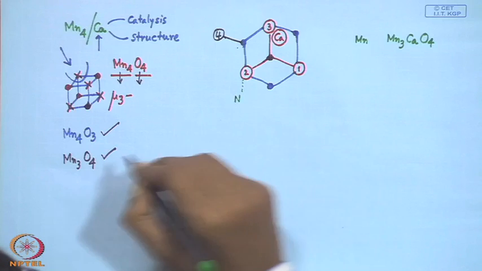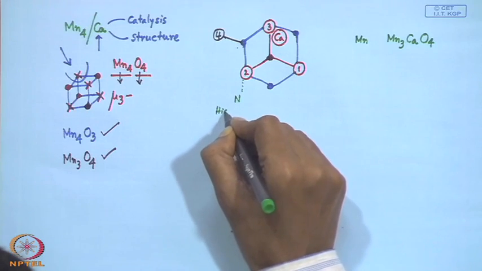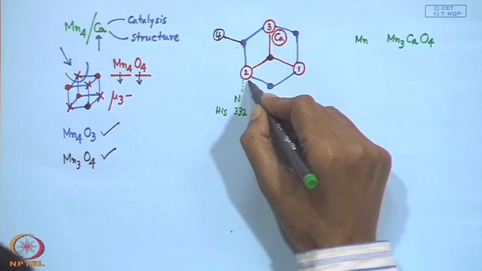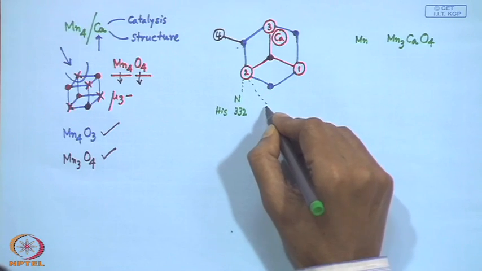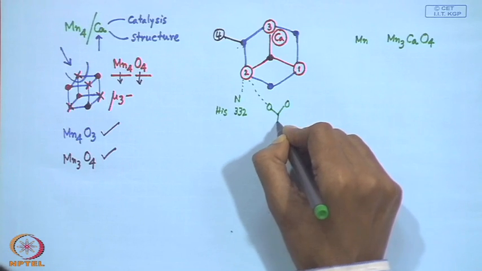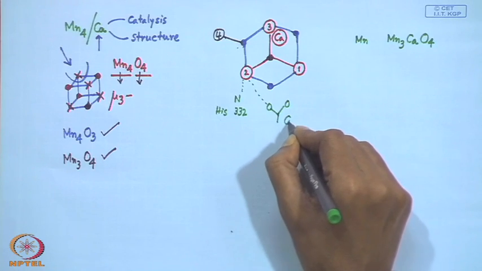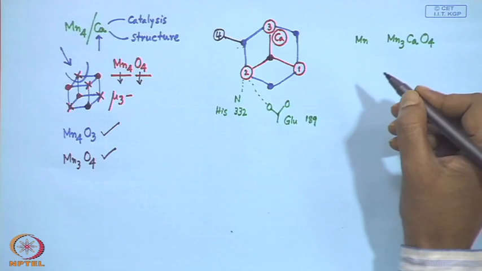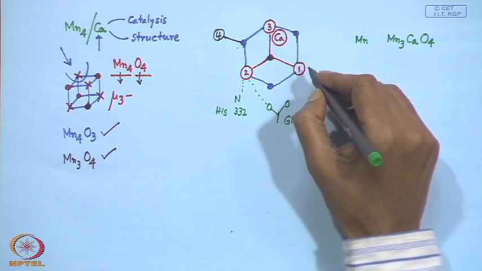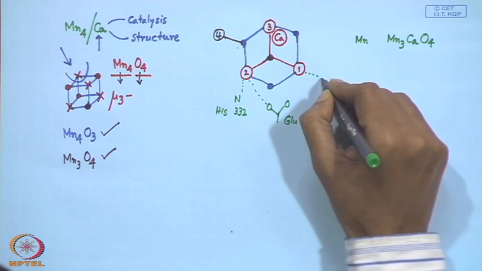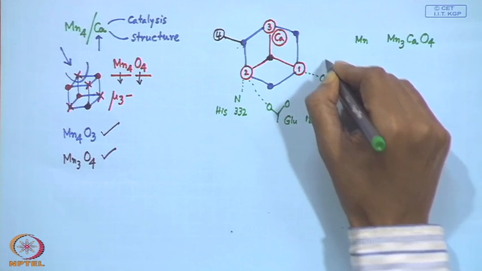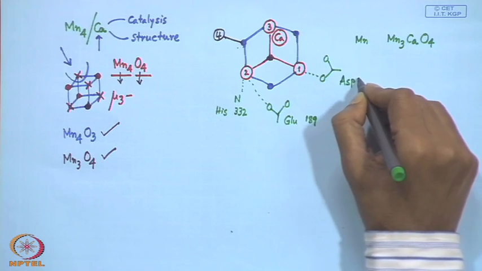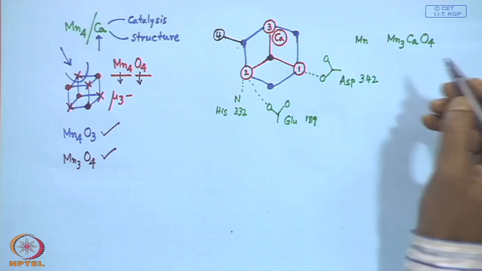It is bound to the nitrogen of histidine 332, then it is bound to glutamate 189, only an oxygen and nitrogen environment, and this one is bound to another carboxy function of an amino acid, aspartate 342.